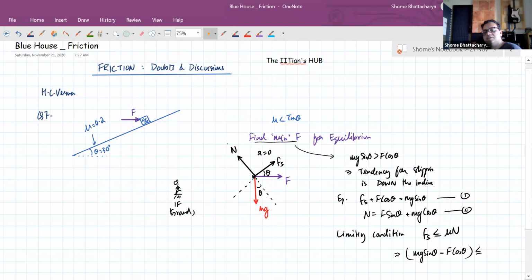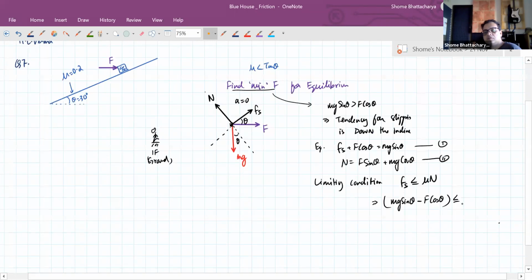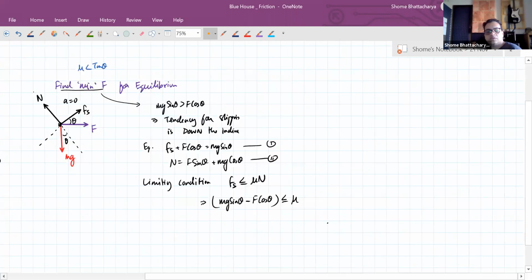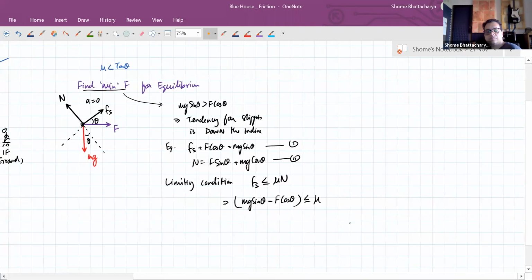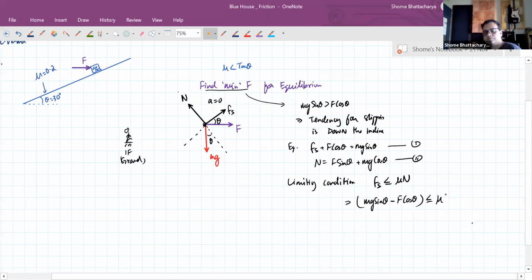So this should be less than or equal to mu into n on the other side. So n is coming from the second equation, which is f sin theta plus mg cos theta. So this will give us a limiting condition.